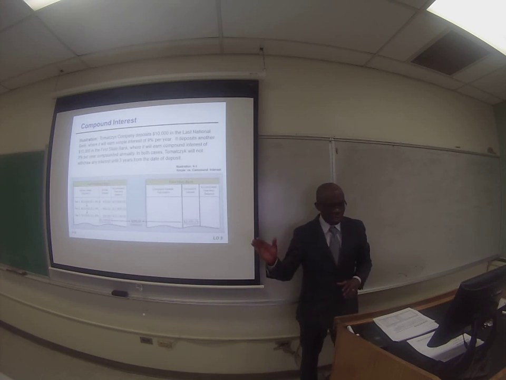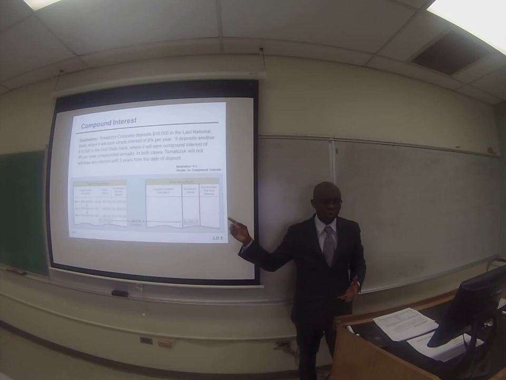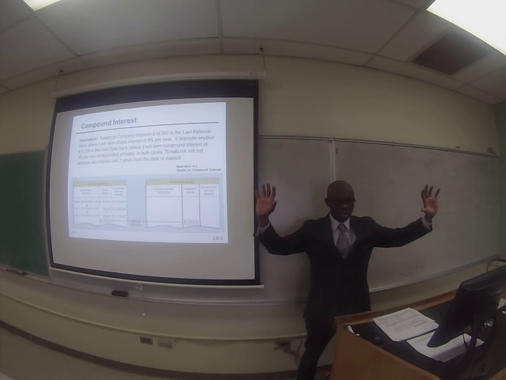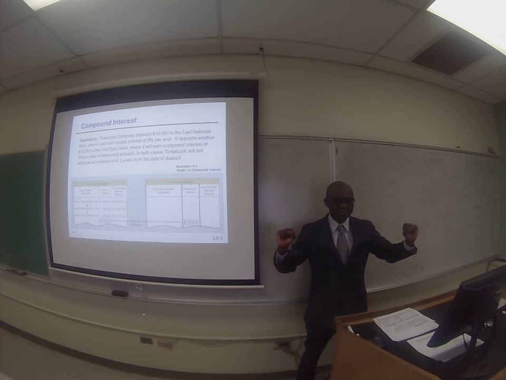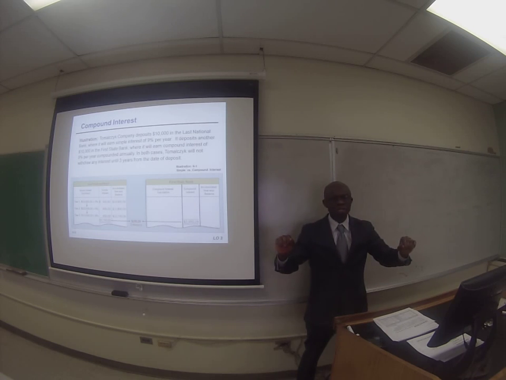So let's take a look at the illustration comparing simple interest and compound interest. So take a look at what we have here. This company deposits $10,000 in 2 different banks, and the interest rate for each bank is 9%. 10,000, 10,000, interest rate 9%, interest rate 9%.